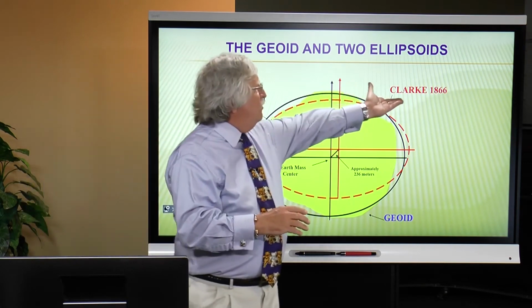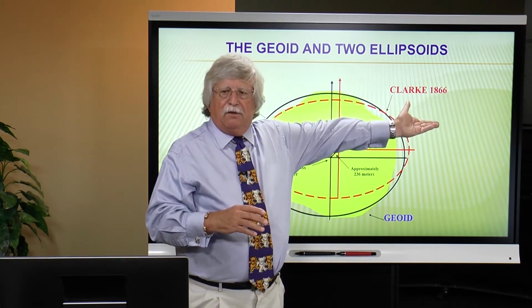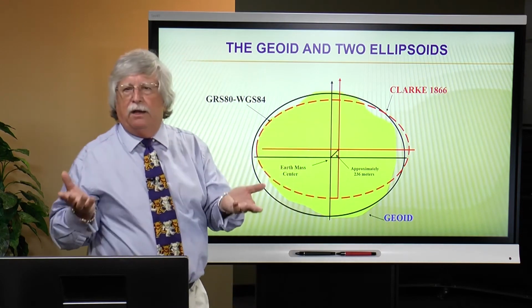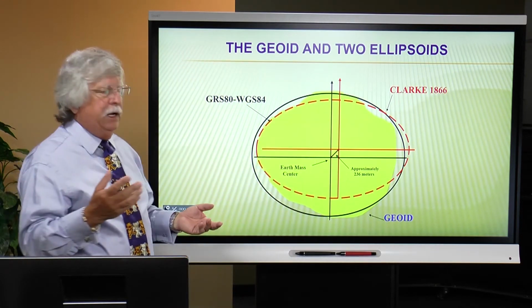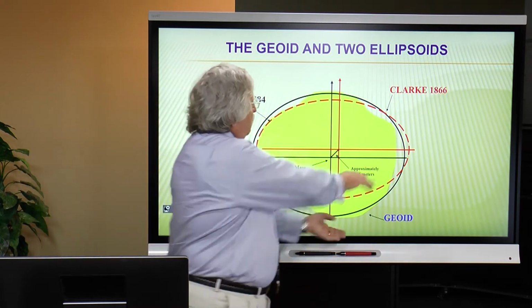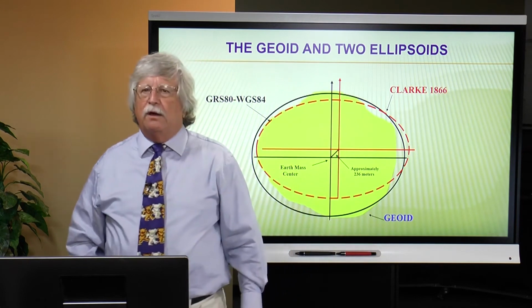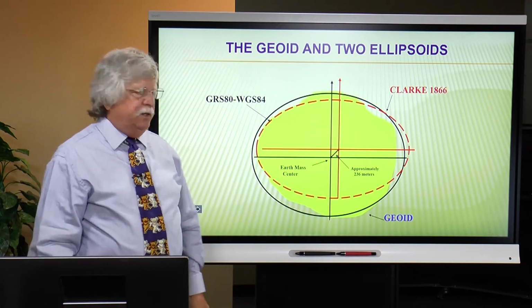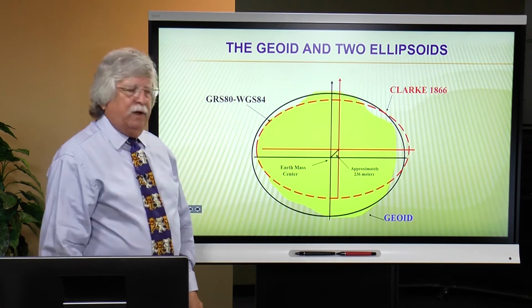We have our older system based on Clarke 1866, which is modeled on a small piece of the Earth, the United States, later North America, combining with the Canadians. So it best fits this little piece of geography. But nobody cares about what it's doing on the other side of the world. Couldn't measure there, couldn't map there. It's not the responsibility of the Coast Survey to do that.